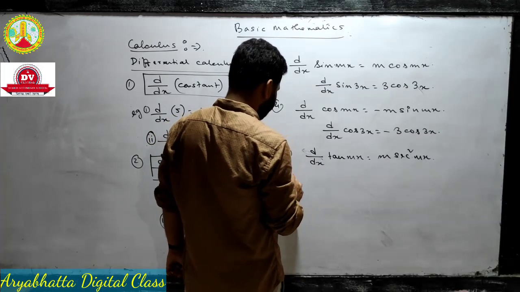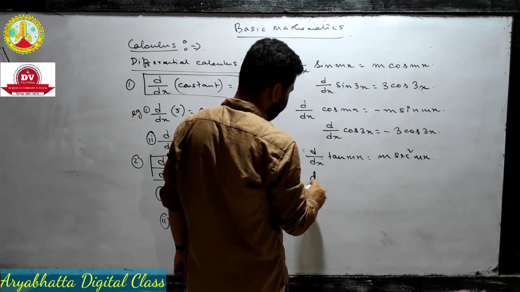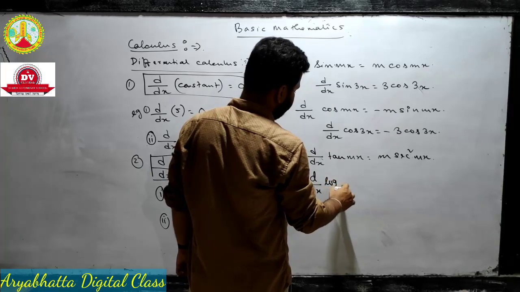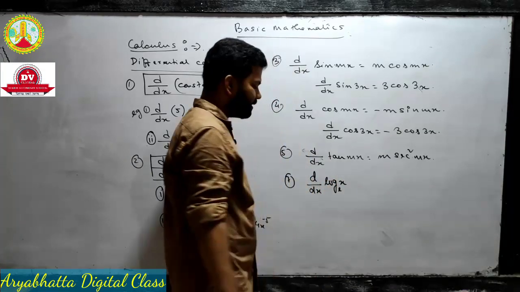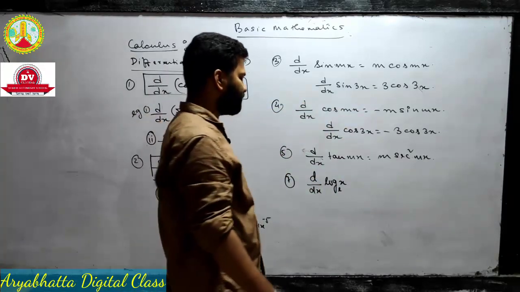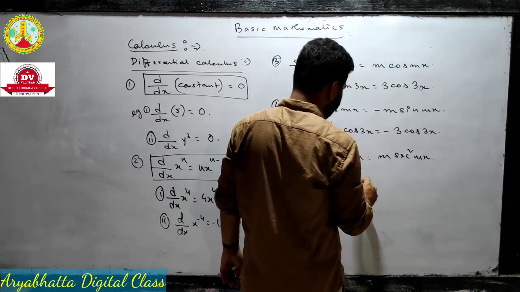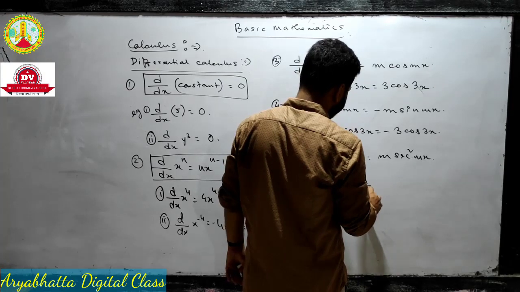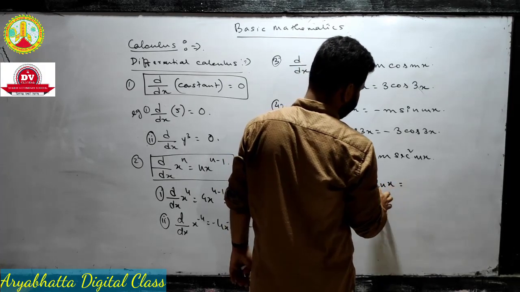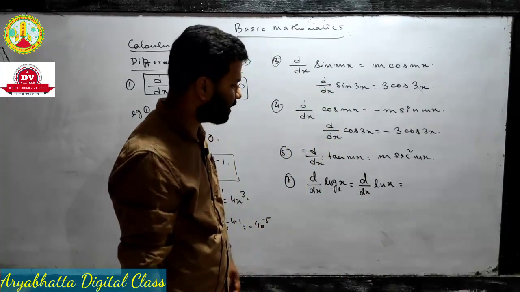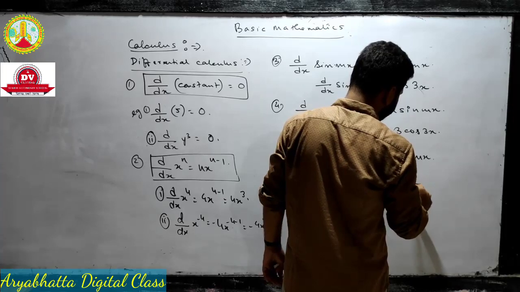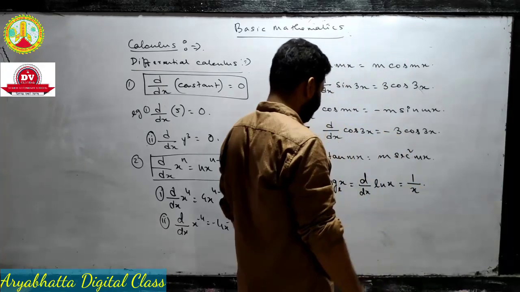Number 7, it is d/dx of log base e of x. Okay, the base is e. Logarithm we will discuss in the next part. This is also written as d/dx of ln x. This is known as natural logarithm. If the base is e, this is equal to 1 by x.